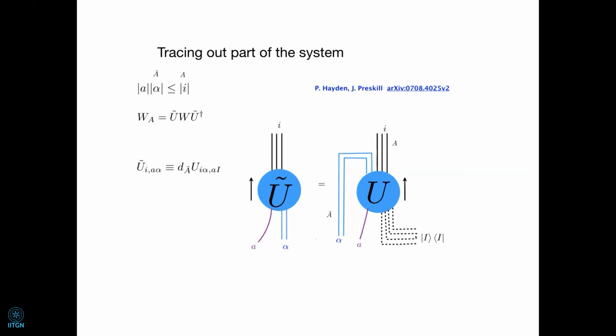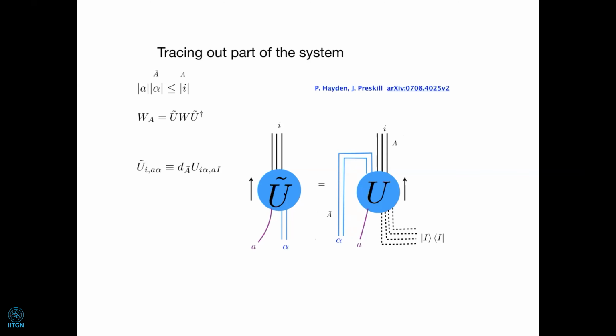Let's say we assume the dimension of this spin plus A bar is the same as the dimension of A. Because we assume this is a perfect tensor, we know that with fixed initial state I, there is an isometry from these 3 lines, from A bar plus this spin, to these 3 lines.